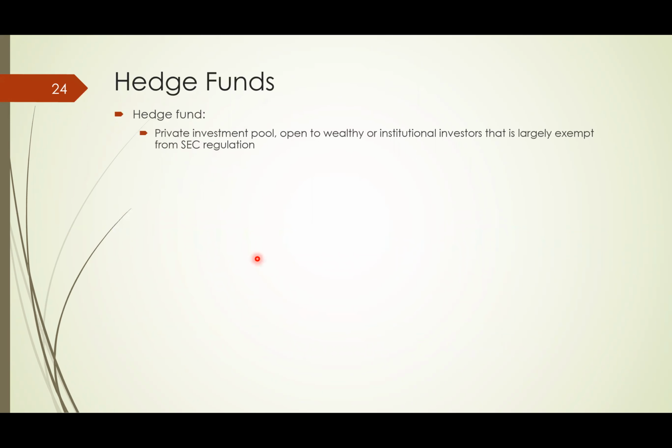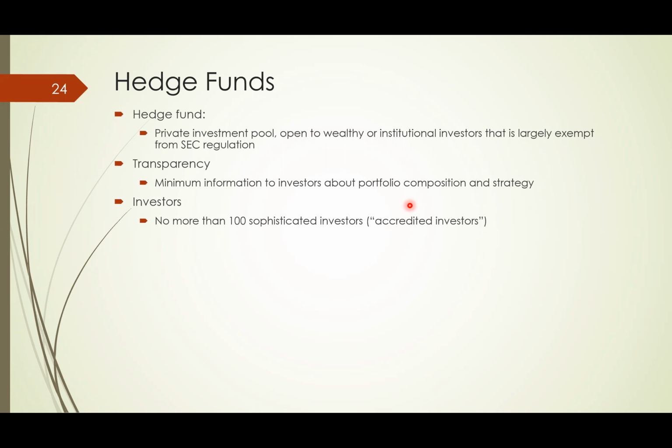Hedge funds are private investment pools that are typically open only to wealthy and institutional investors and largely exempted from SEC regulations in terms of the strategies that can be used. Hedge funds don't have a lot of transparency, and investors do not usually know how the portfolio is constructed or what the strategy is.